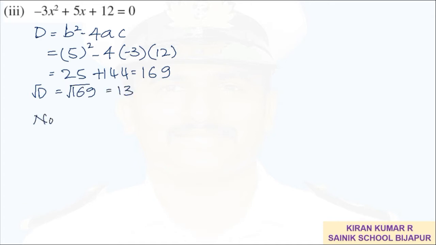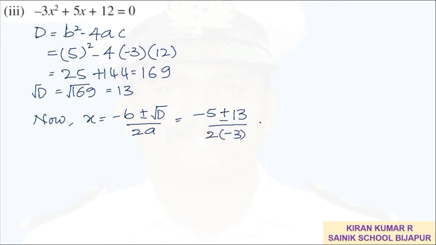So now we use the formula x is equal to minus b plus or minus root d by 2a. Upon substituting, we get minus b, which is minus 5, plus or minus root d is 13 by 2 times a is 2 times minus 3.